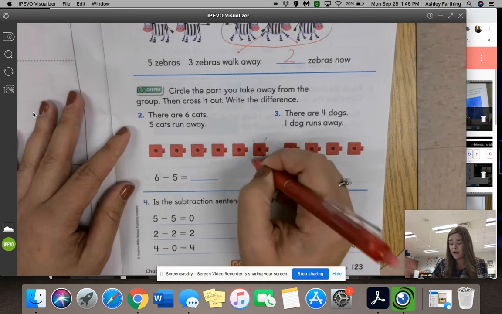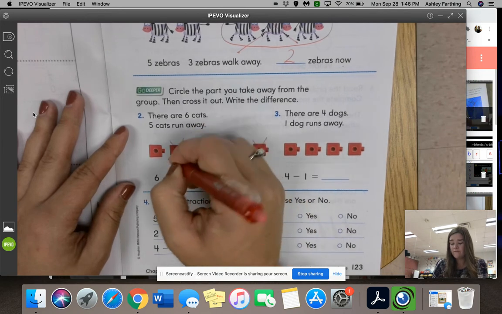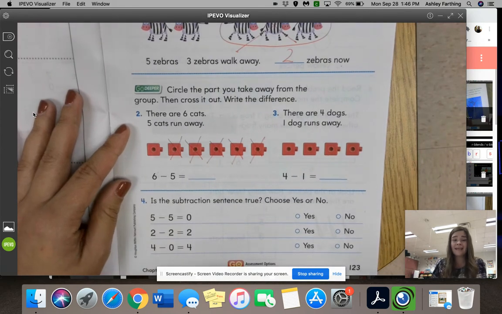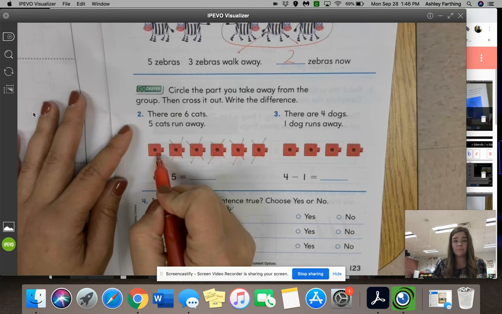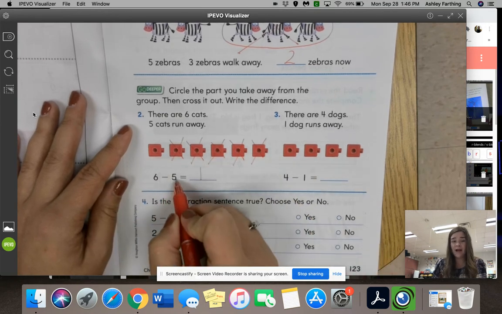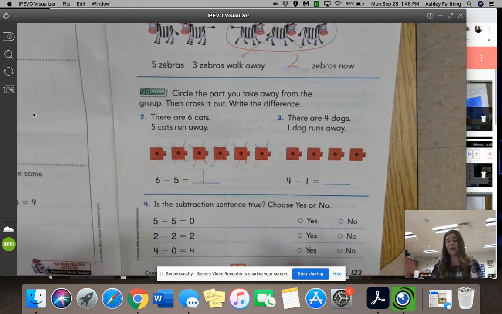Ready? 1, 2, 3, 4, 5. We subtracted 5. We got rid of those 5 cats. Now, how many cats are left? Just 1. So 6 minus 5 equals 1. Make sure to write 1 on your line.